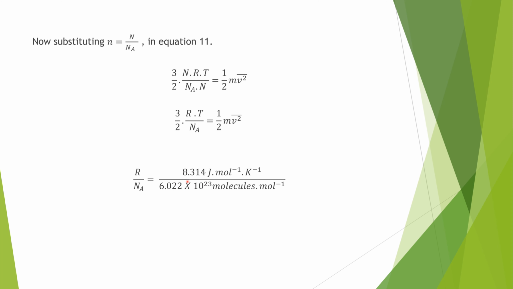This is 8.314 joules per mole per Kelvin, and Avogadro's number is 6.022 into 10 raised to the power 23 molecules per mole. So this per mole and this per mole will cancel. If we divide, we get 1.38 into 10 raised to the power minus 23 joules per molecule per Kelvin. So this is the Boltzmann constant. We represent it with a small k.